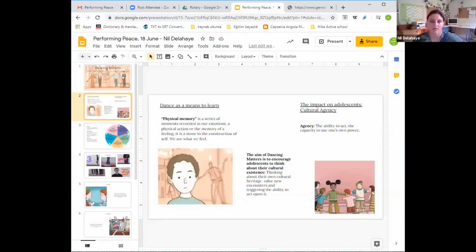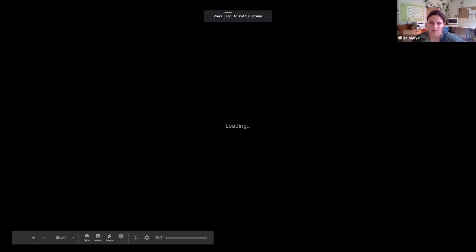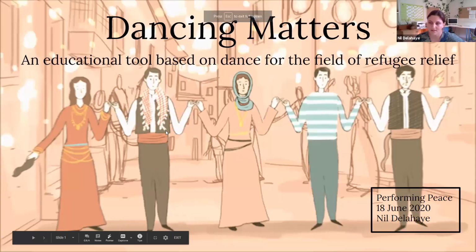This tool was created through one big event organized by 2 organizations in Germany and in Turkey, with the aim to create tools that could fit the two situations in both countries. If everybody can see my screen, I think that's fine.